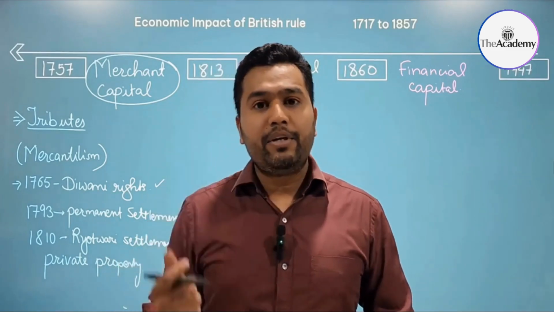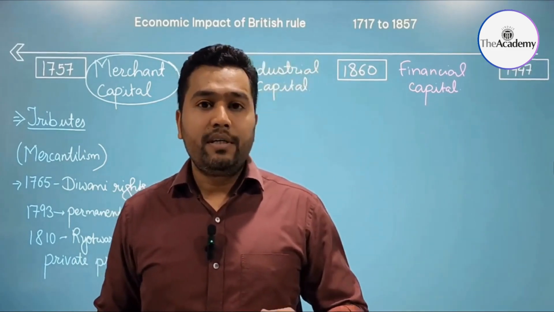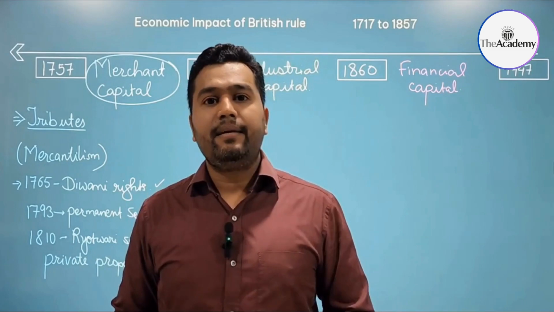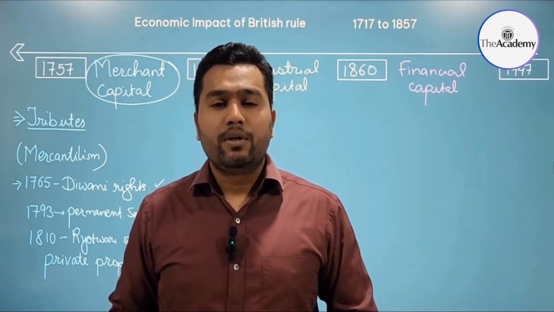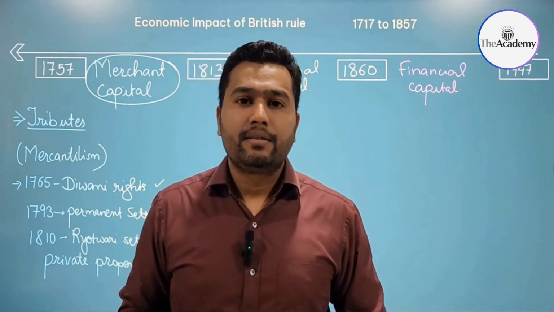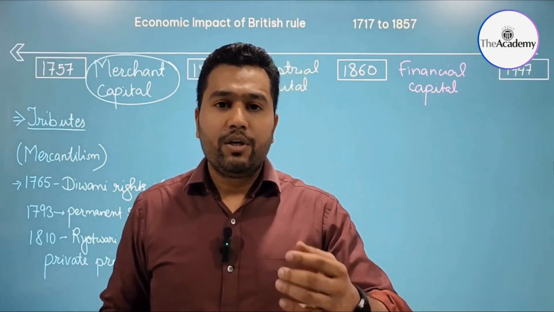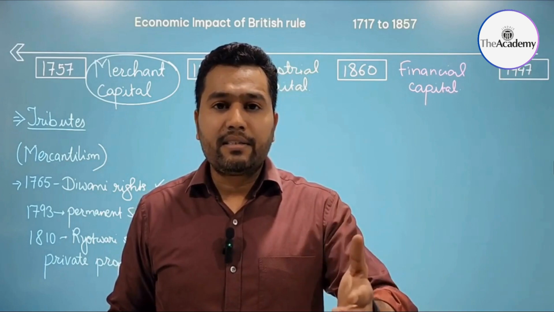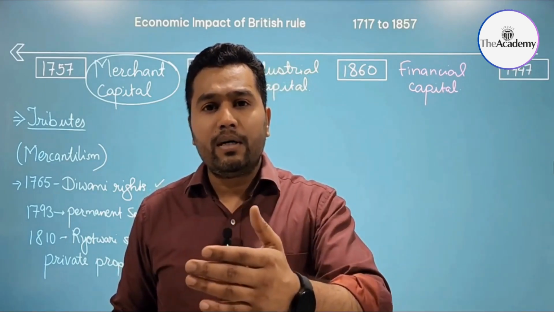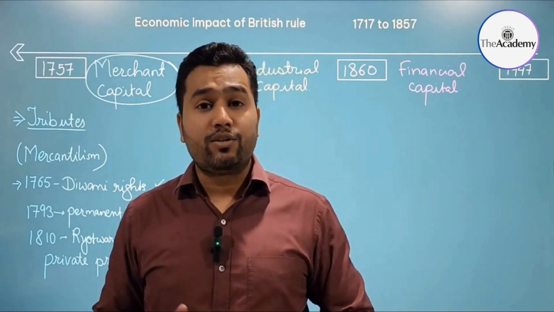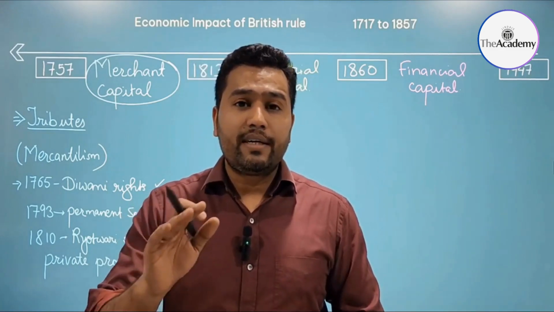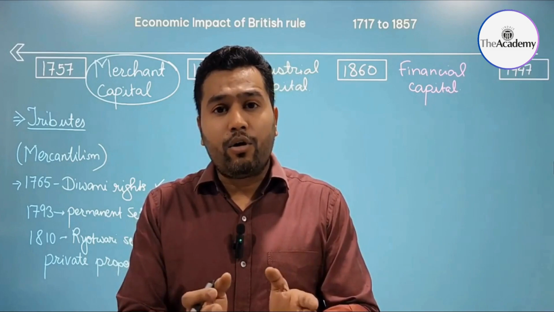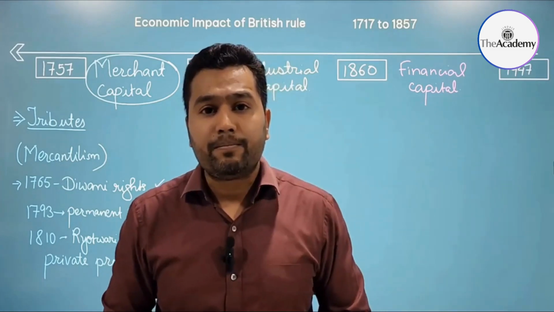However, later, the British wanted Indian textiles to be exported to Burma and other Southeast Asian nations for the exchange of products, and it also started impacting the availability of raw cotton for the Indian handicraft industry.